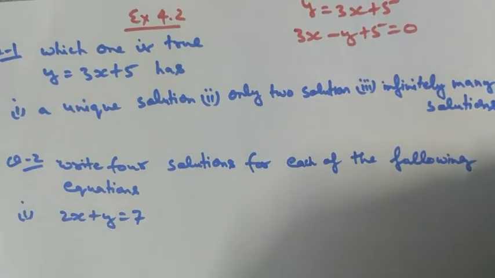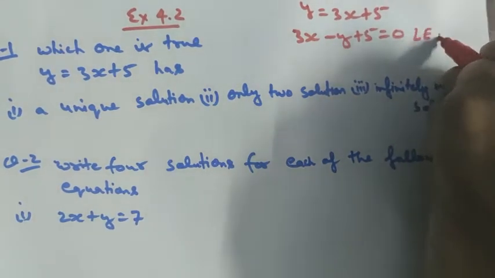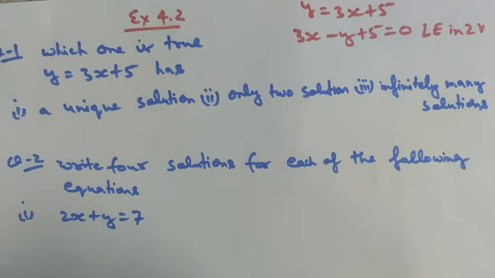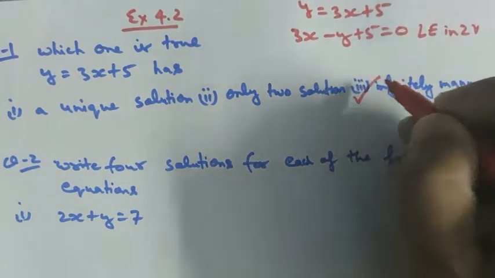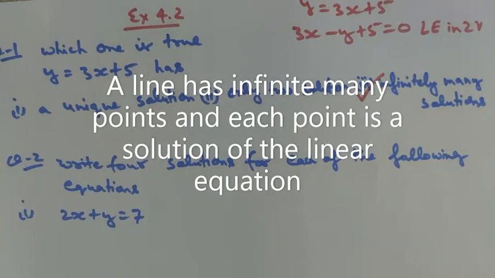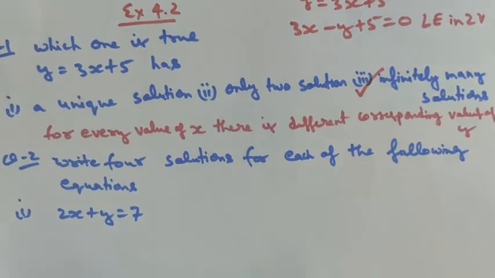So it is a linear equation in two variables, and we have already discussed in the introduction part that a linear equation in two variables has infinitely many solutions, because for every corresponding value of x there is a different value of y, so there will be infinitely many solutions.